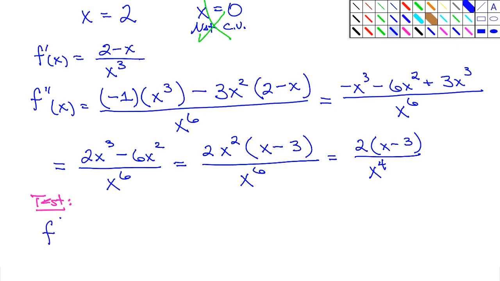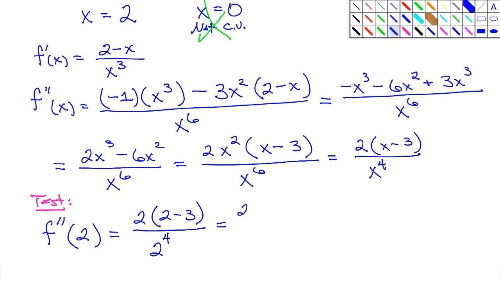So f double prime of 2 is equal to 2 times 2 minus 3 over 2 to the 4th. So that would be 2 times negative 1 over 16, which is positive times a negative times a positive, which is negative. So the second derivative is negative at the critical value of x equals 2.